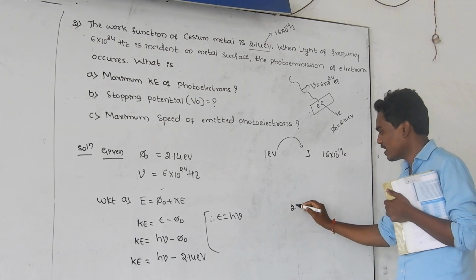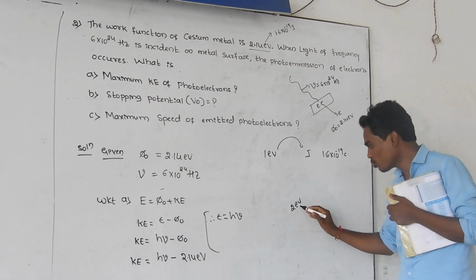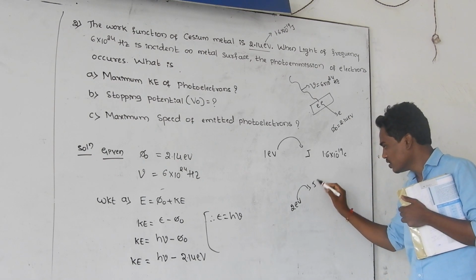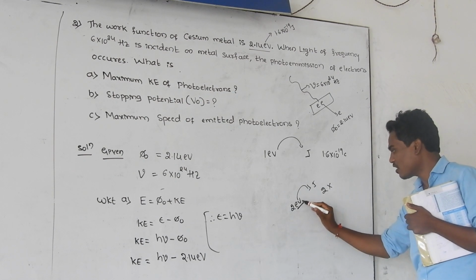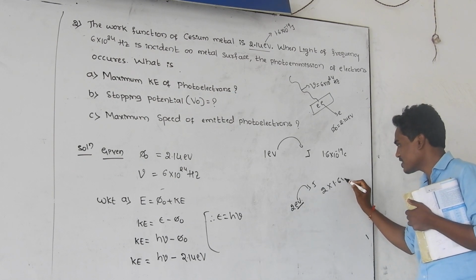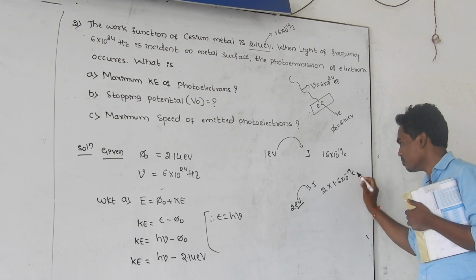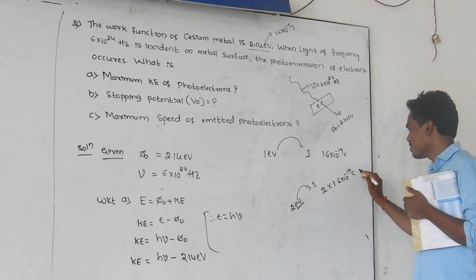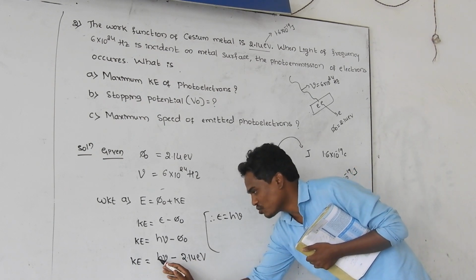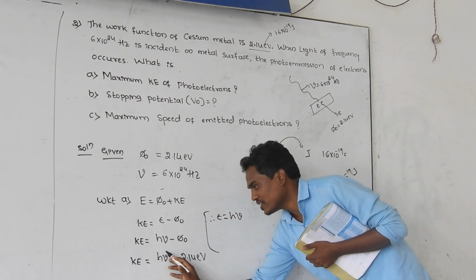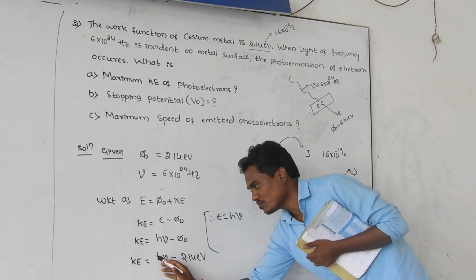For example, if 2 electron volt is there, how to convert this to joule? Take 2 as it is and multiply by the electron volt: 1 electron volt is equal to 1.6 into 10 to the power of minus 19 joule. Then this is converted in terms of joule. Here, multiply Planck's constant into frequency. If you multiply these two values, you get the answer in terms of joule.